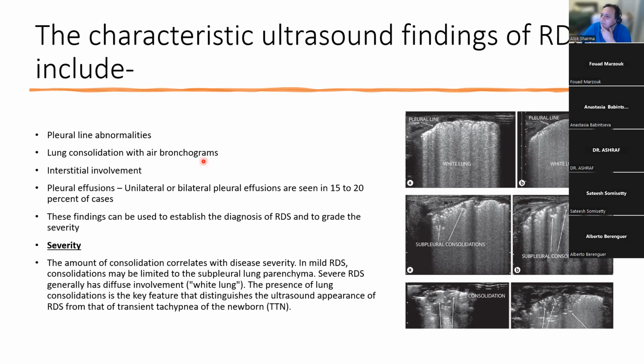But really, the classical difference between respiratory distress syndrome and transient tachypnea of the newborn is the presence of subpleural consolidations. Hyaline membrane disease tends to cause alveolar atelectasis, lack of aeration, which then gives you this appearance of distal lack of aeration, which gives you subpleural consolidations.